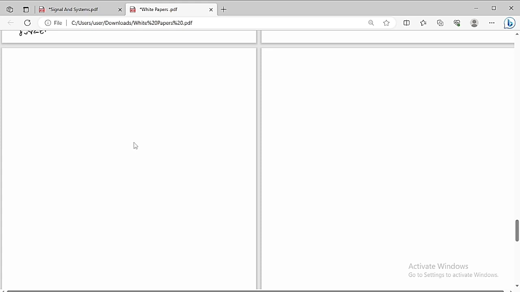So listen carefully: e to the power of minus 3t into sine 4t into u of t. For this one, I will first find the Laplace transform. You know the Laplace transform formula, right? The Laplace transform of sine omega t is omega by s square plus omega square.